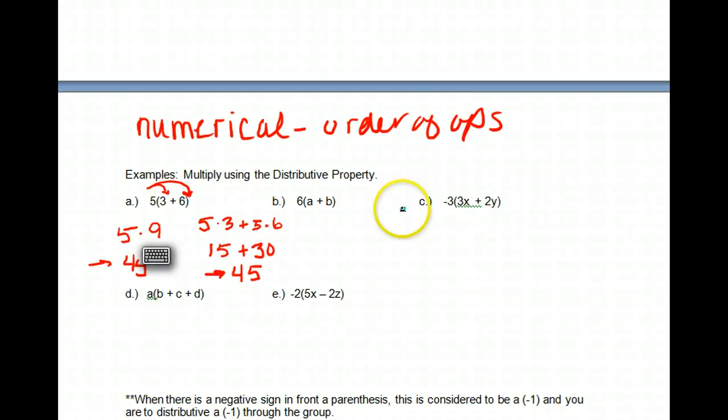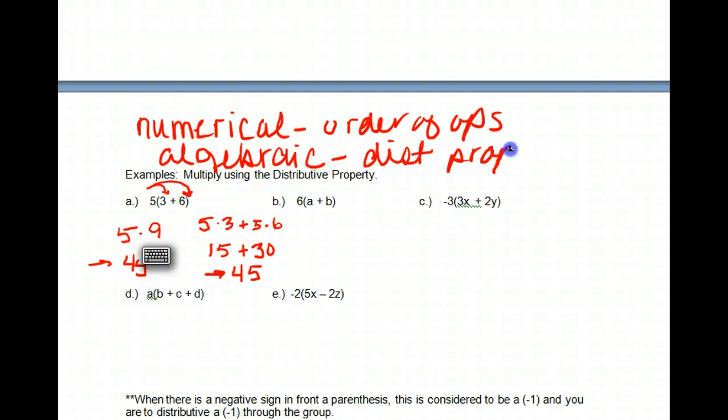Okay, but in example B, you're going to see that when we have algebraic expressions, we are going to have no choice but to use the distributive property. Look at example B. We are being told that in our parentheses we need to add a plus b.